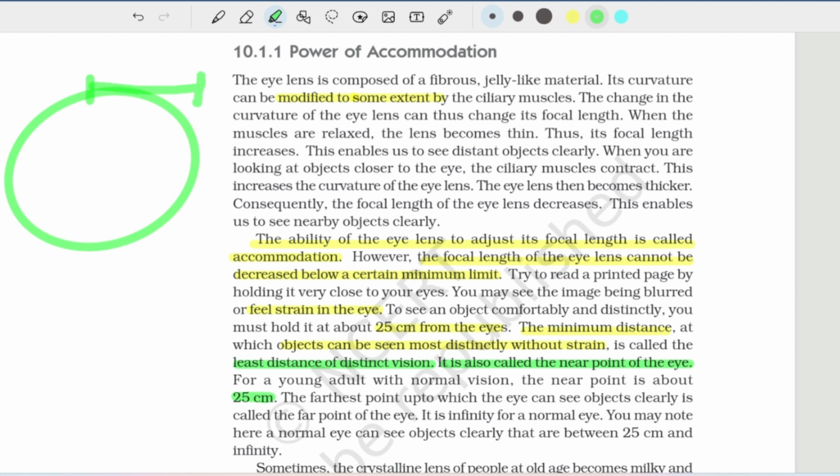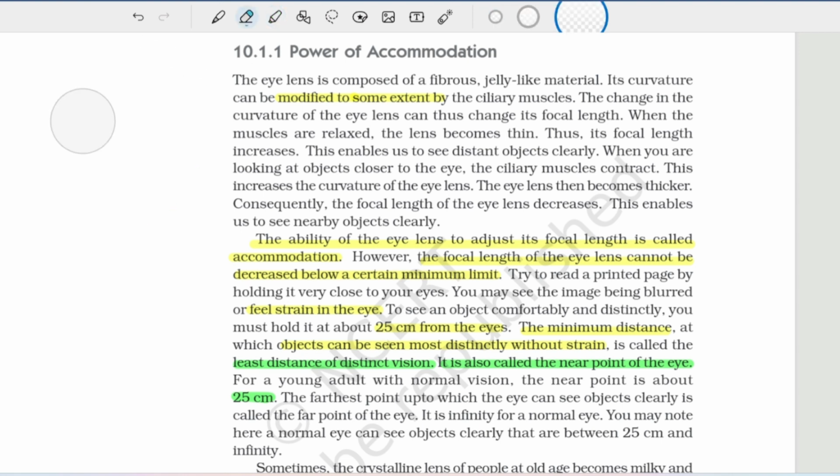But we are able to see the moon, and the moon is very far away from us, right? So our far point we are not able to count, because when the horizon comes, our vision gets blurred. But since we are able to see distant objects, we are able to see stars, we are able to see many things that are very far away from us, right?